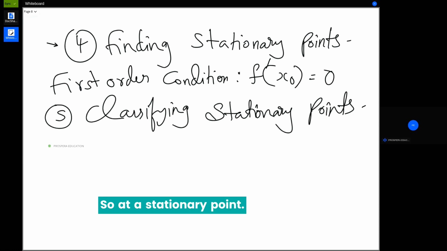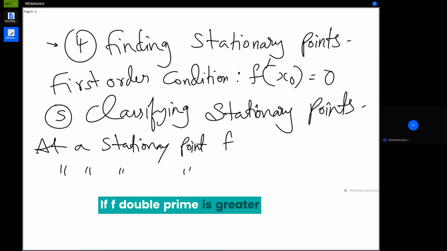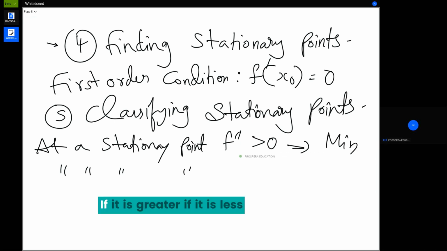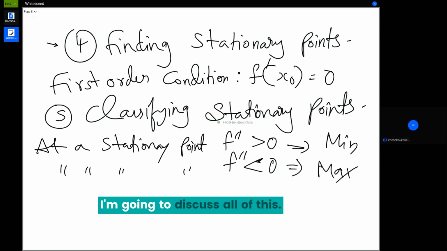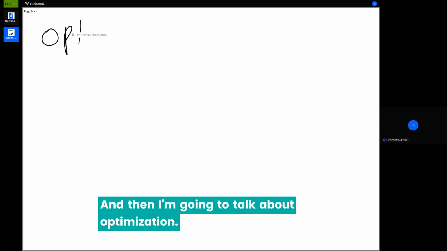So at a stationary point, if f double prime is greater than 0, then it is local minimum. If it is less than 0, then it is local maximum. I'm going to discuss all of this. And then I'm going to talk about optimization.